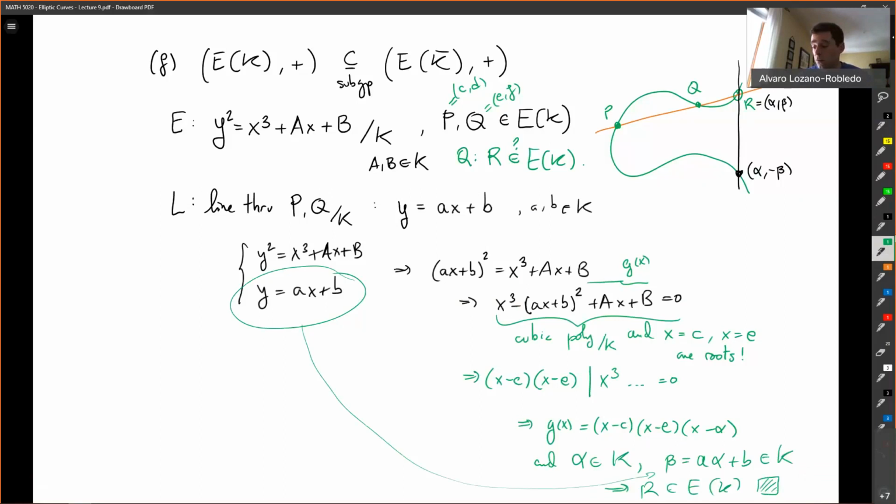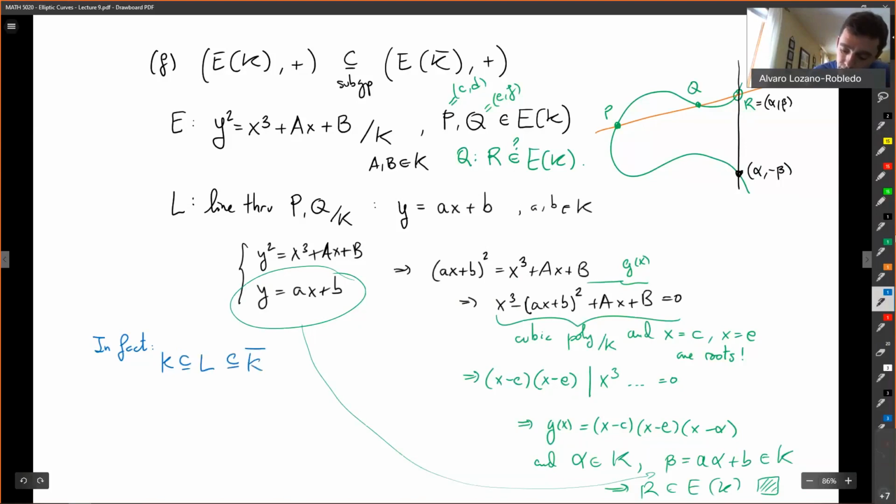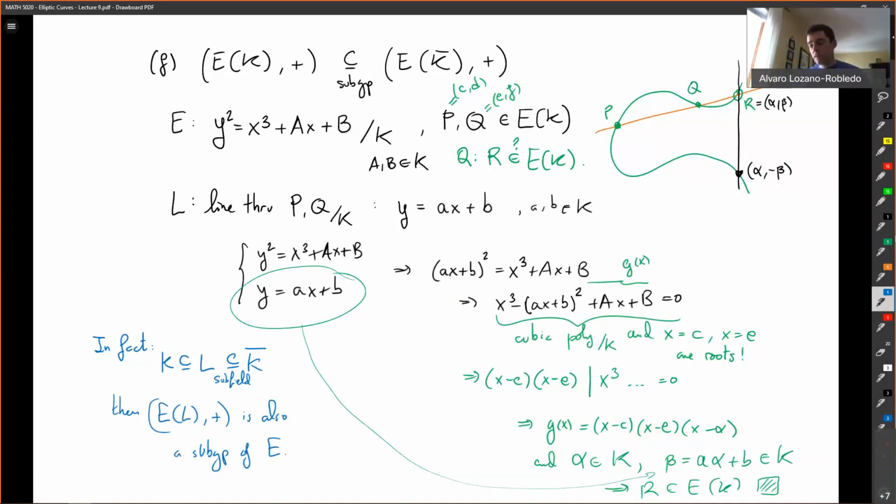And in fact, something that came up before we started the video, somebody asked: if you have any intermediary field, so if we have a field L in between K and K bar, then E(L) is also a subgroup of E. In fact, any extension of K works, so you don't have to go just to K bar.